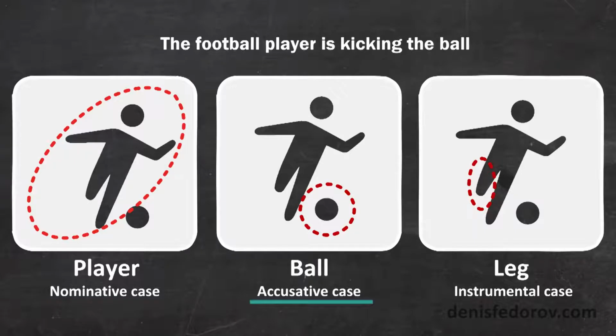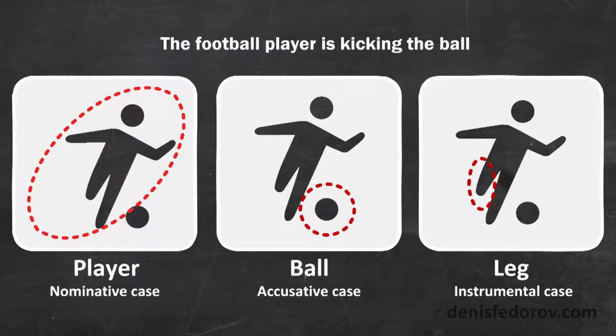The ball is kicked by the player, that's why it plays the role of the object here. And the ball is kicked with the leg, or in other words, the player used his leg to kick the ball. So, in this situation, there are three nouns: the player, the ball, and the leg.